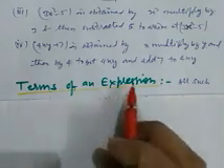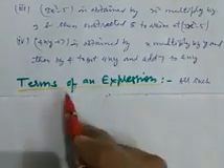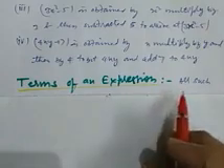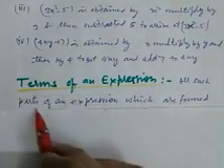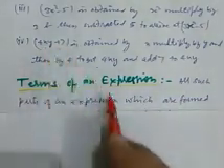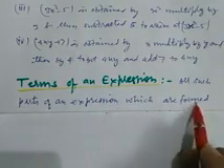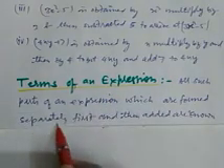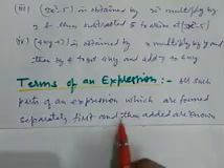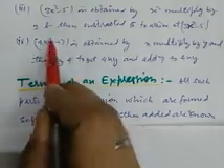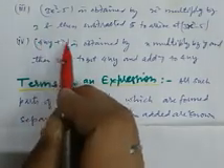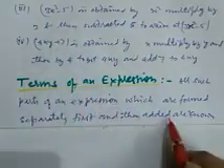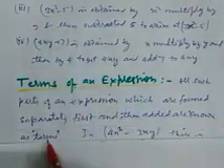Terms of an expression. Now what are the terms of an expression? All such parts of an expression which are formed separately first and then added are known as terms.